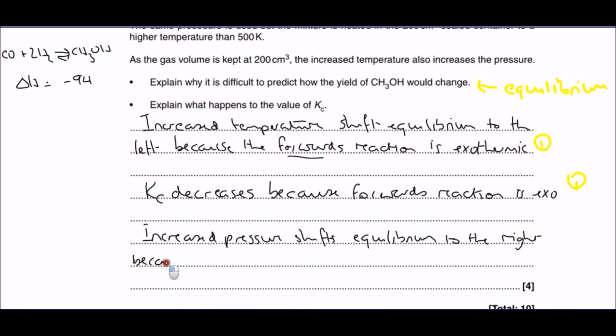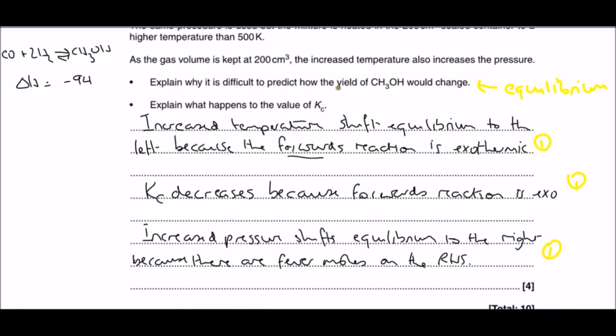So because there are fewer moles on the right. Okay, so 1 mole on the right, 3 on the left, increase the pressure, it's going to shift to the right. So 1 mark for that.